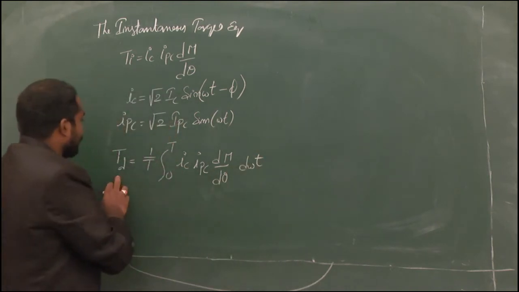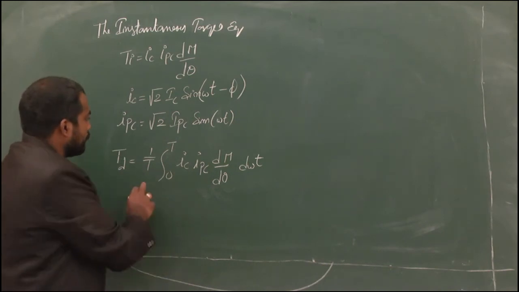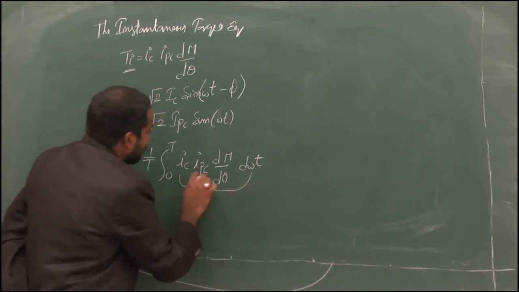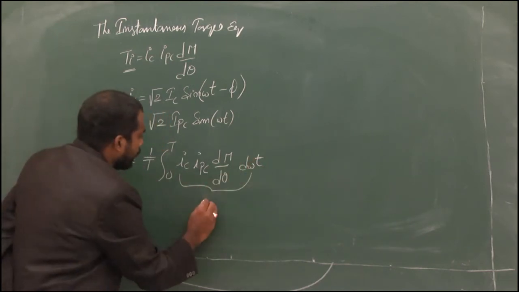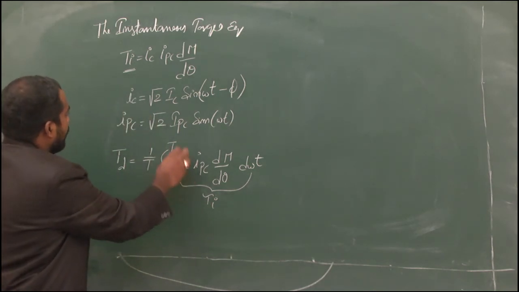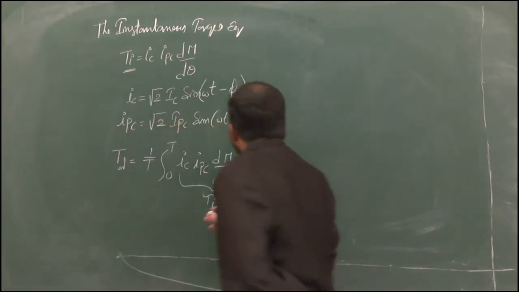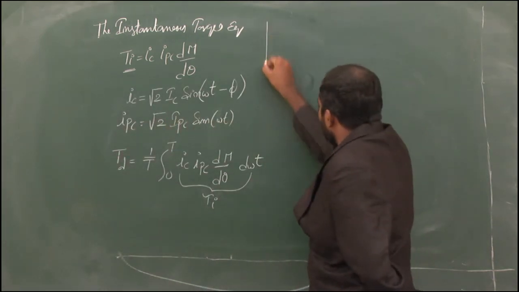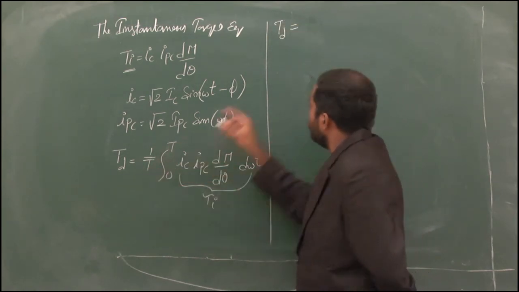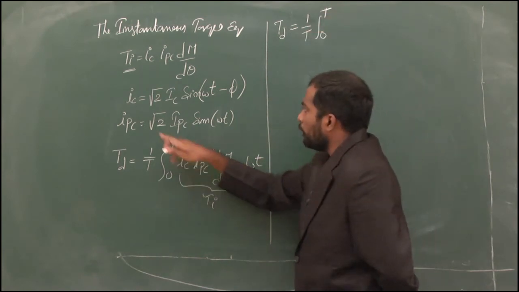That means we are calculating the net deflecting torque with the formula Td equal to 1 by T integral 0 to T Ti, where Ti value is IC IPC dm by d theta into d omega t. So this is your Ti value. Now substitute the values of IC and IPC in this equation in order to calculate the deflecting torque. So Td is equal to 1 by T integral 0 to T. What's the value of IC over here?